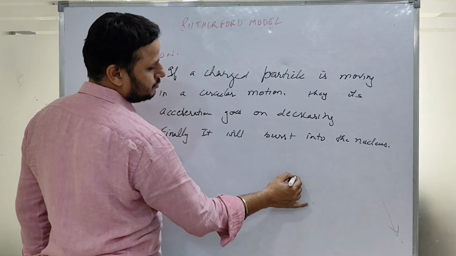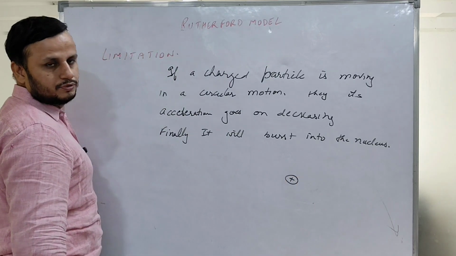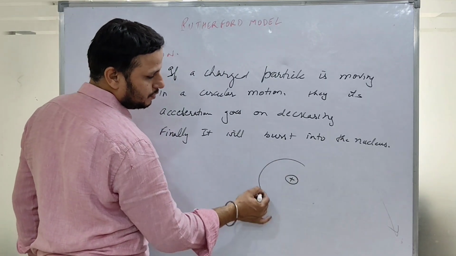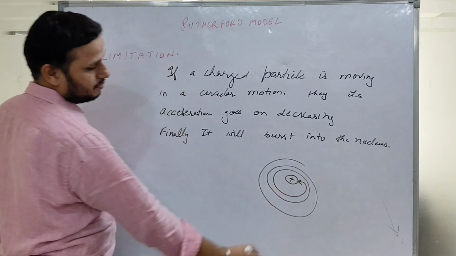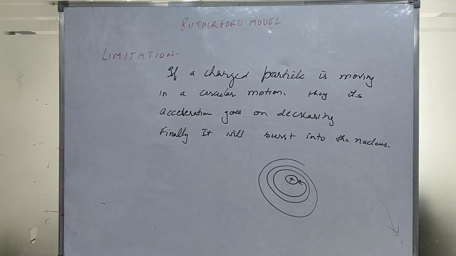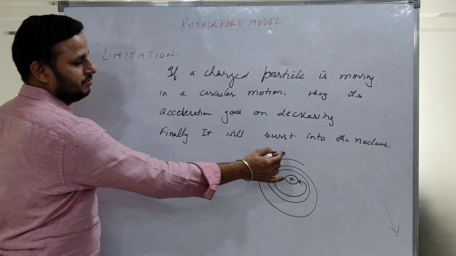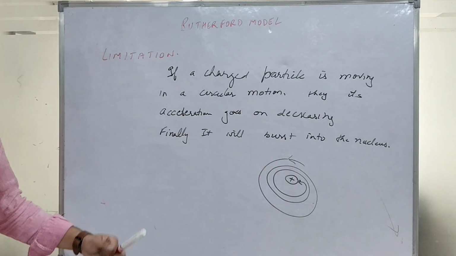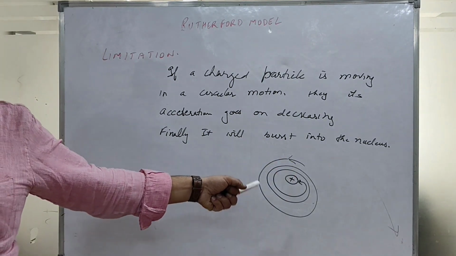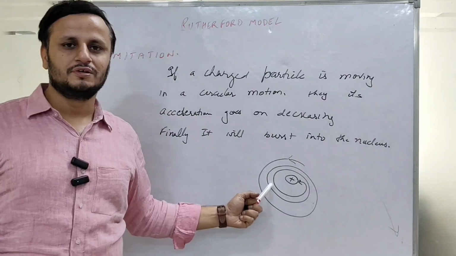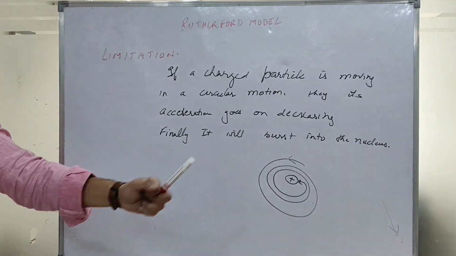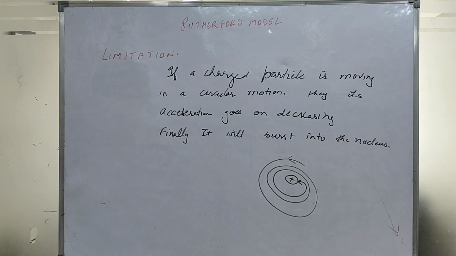So in books there is such a diagram: the electron, when it is in circular motion, will keep losing its energy, it will keep losing its acceleration, and that will lead to the collision of the electron into the nucleus.